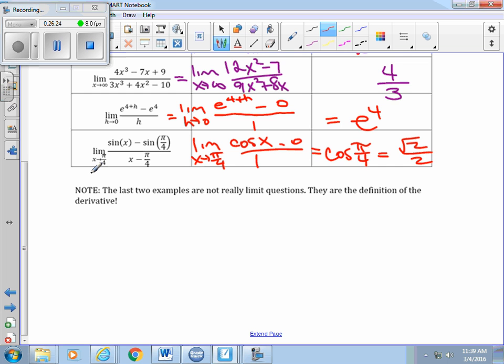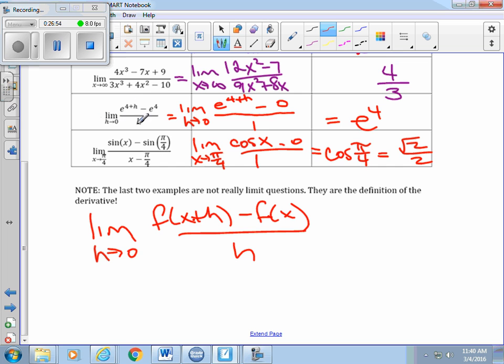The last two examples, however, are not really even limit questions. They are derivative questions. Why are they derivatives? What is the definition of a derivative? That equation. So look back at this. What is f?